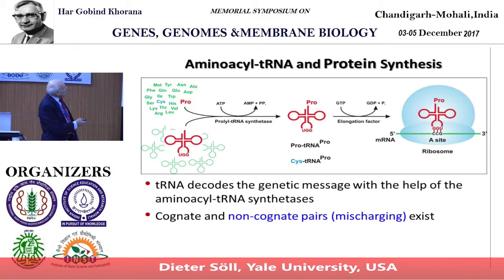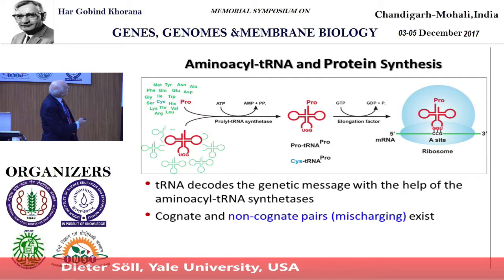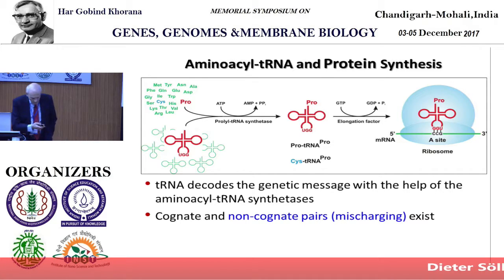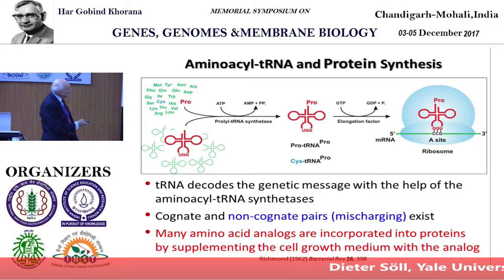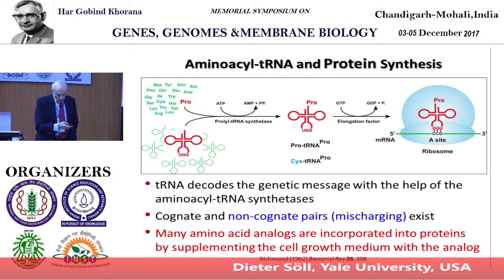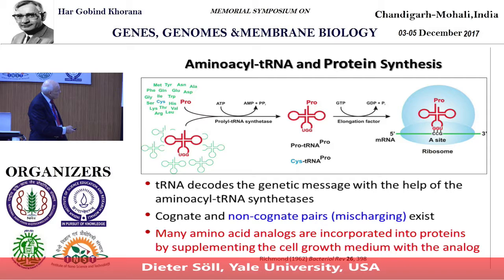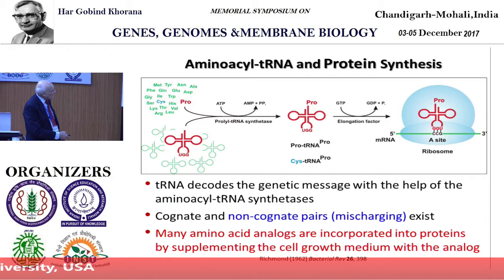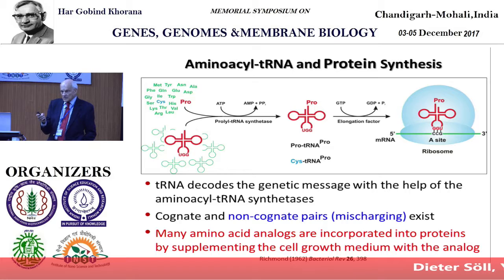The code is not always accurate. So for instance, cysteine can also be attached by prolyl tRNA synthetase to tRNA-Pro, and this exists. But a paper that is largely forgotten shows that already in 1962, in a beautiful review, Richmond showed that there are many amino acid analogs that can be incorporated into proteins during normal protein synthesis.